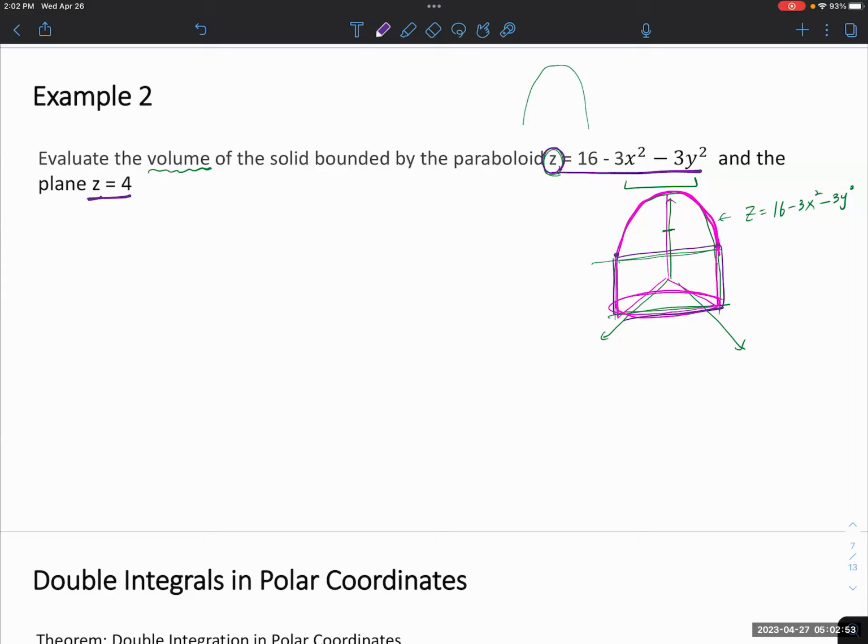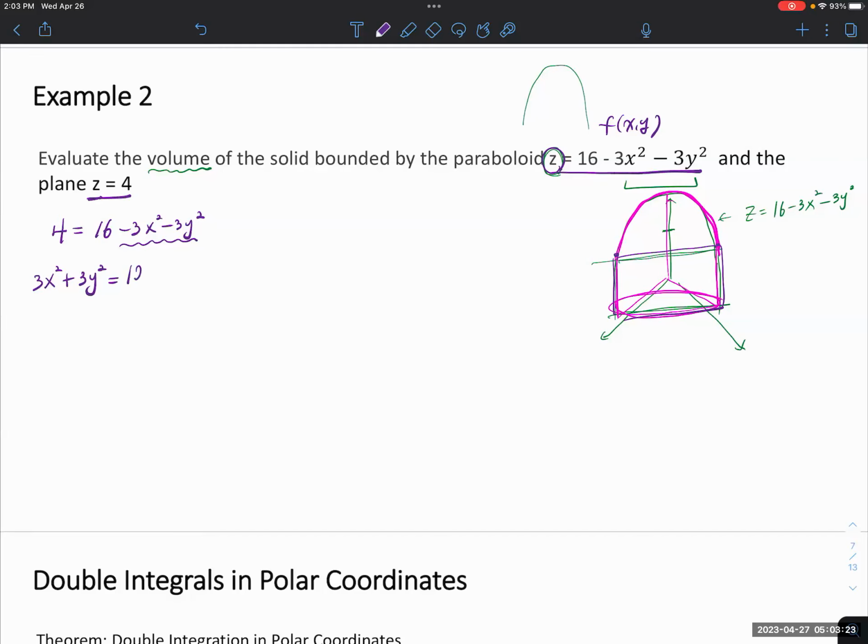This is the given function, a paraboloid, and then we have z equal to 4. So I'm going to set it up: 4 equals 16 minus 3x squared minus 3y squared. Let me simplify this equation. Let me bring these to the other side: positive 3x squared, positive 3y squared.